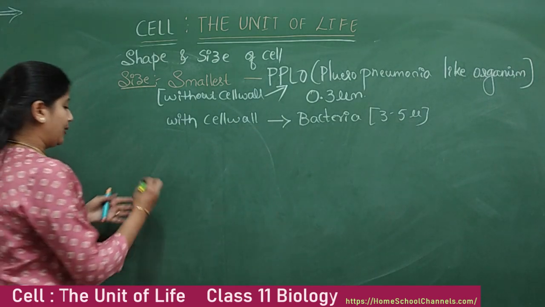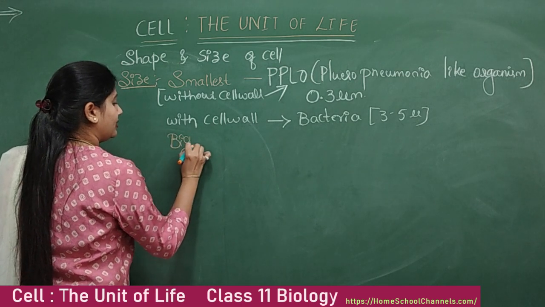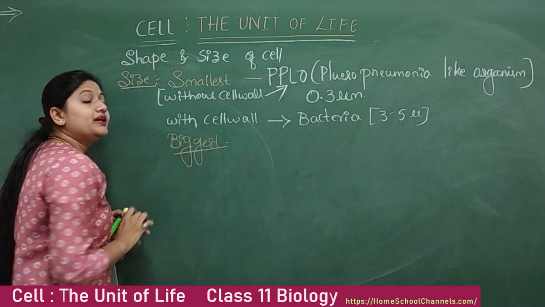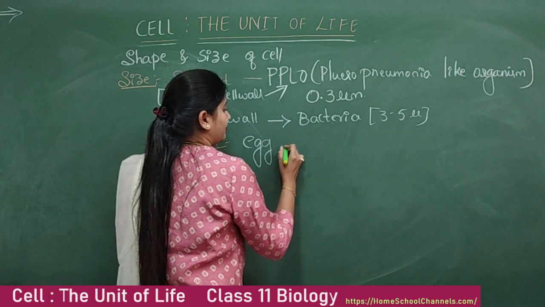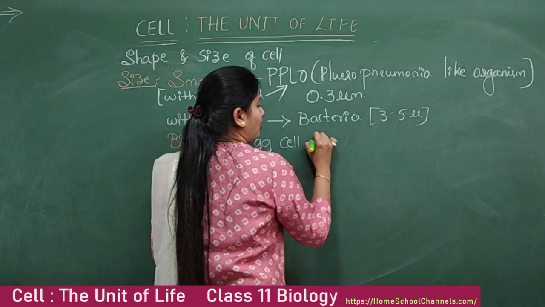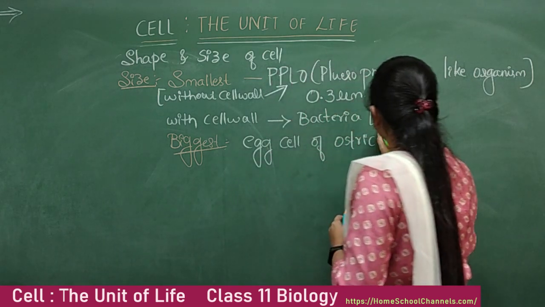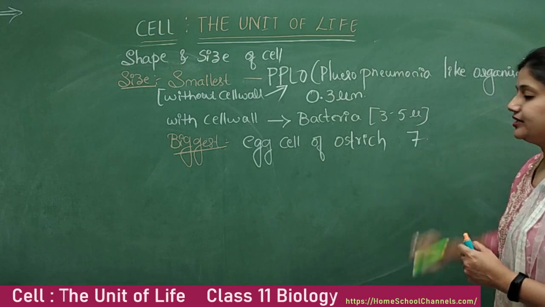Fine. Then which is the biggest one? The biggest cell is the egg cell of the ostrich. The size of the cell is 7 here.